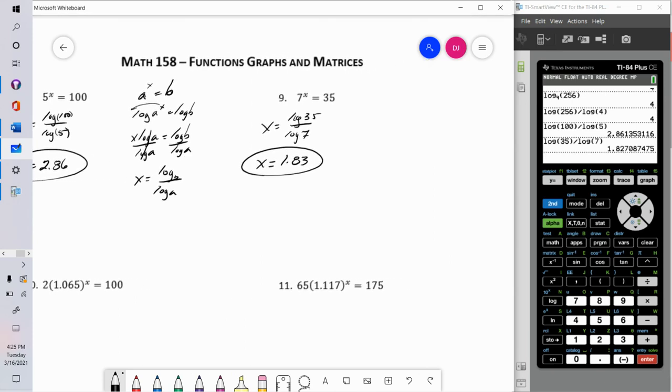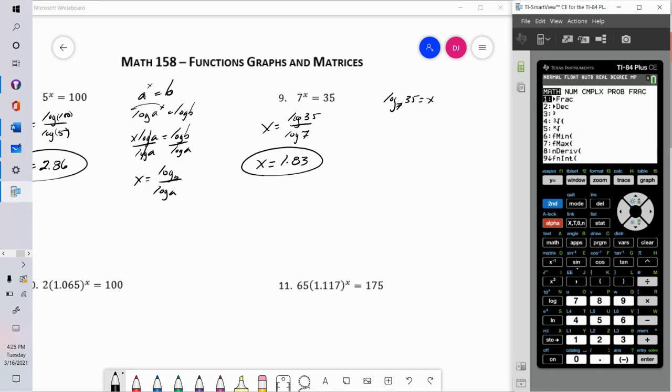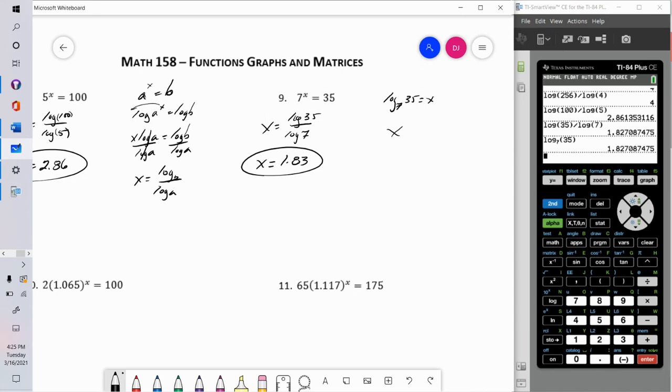Just to say it again, if you would prefer to say that log base 7 of 35 equals x, math, option A, log base 7 of 35, and notice you get the exact same value.